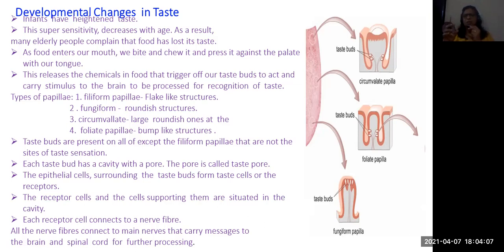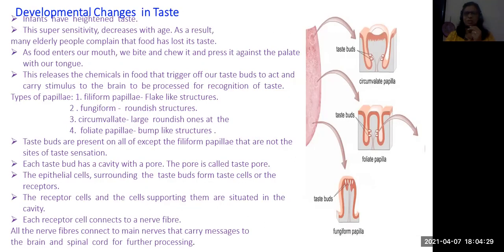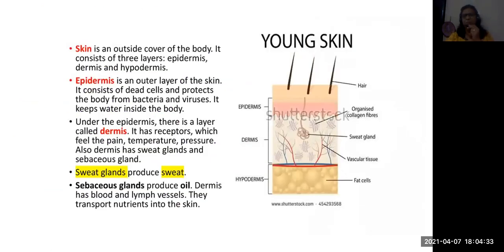According to that, our muscles will react, whether it is a good food or a bad food. If it is a good food, we will eat it, and if it is stale food, then we will throw it. Okay, that is the activity of the tongue, which helps us know about the taste of the food items.